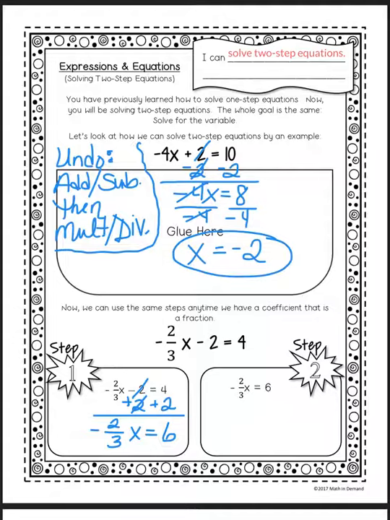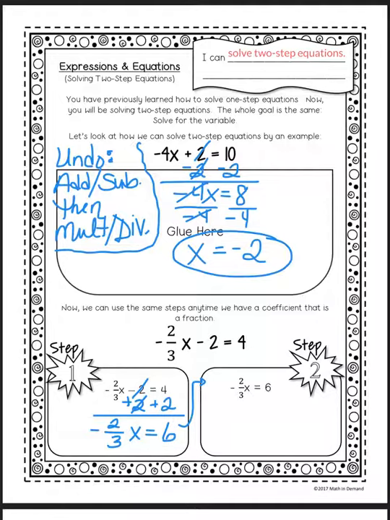Okay, next, step 2. Next we have a multiplication equation. We're multiplying x by negative 2/3. The opposite of multiplying by negative 2/3 is dividing. But again, when we divide fractions, we actually multiply by the reciprocal.